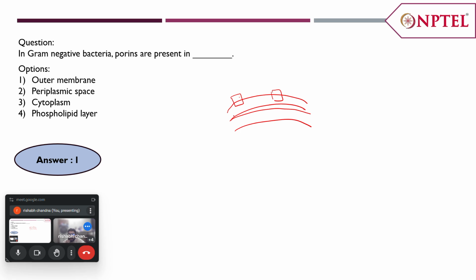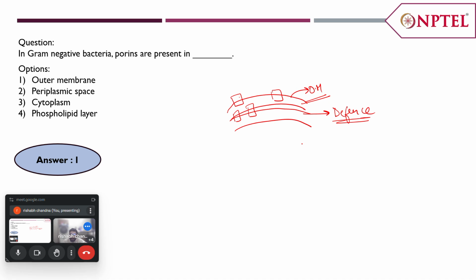The cell wall also has specific pores, so it allows only those substances that have specific proteins to transport them inside. So the first defense comes from the cell wall in the case of gram-negative bacteria. The porins are majorly present in the outer membrane.